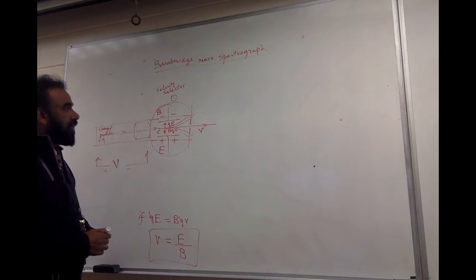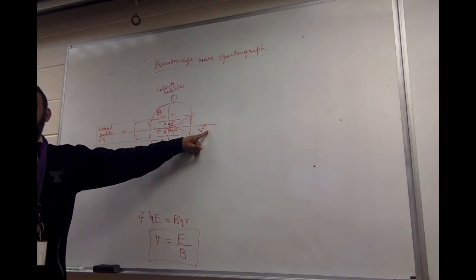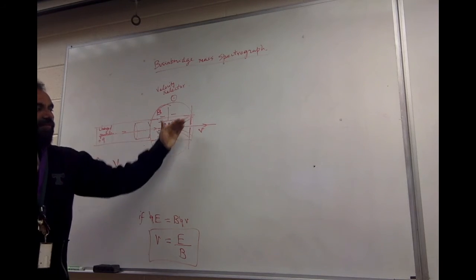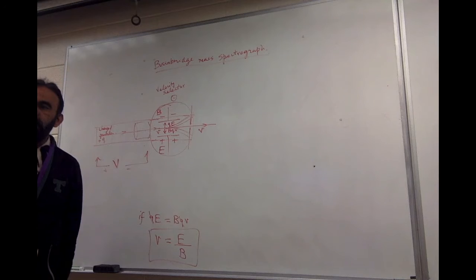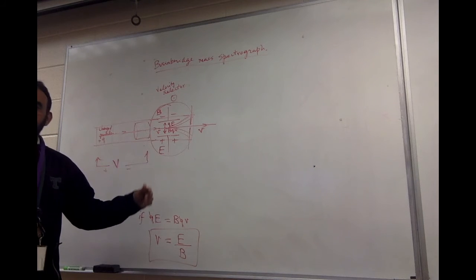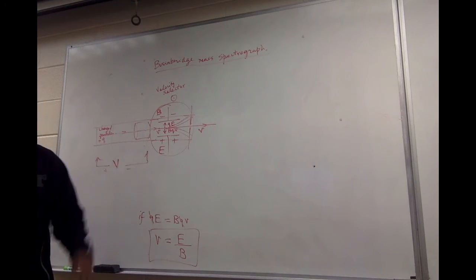For that, we want this to turn. Let's say I want to turn it this way. Which way should the magnetic field be applied? Because we have to turn it. Same as this. Out. Right?